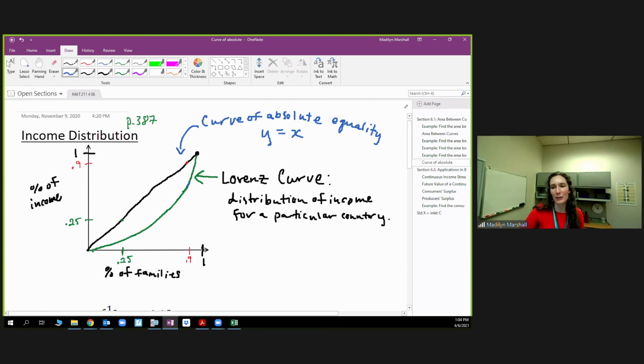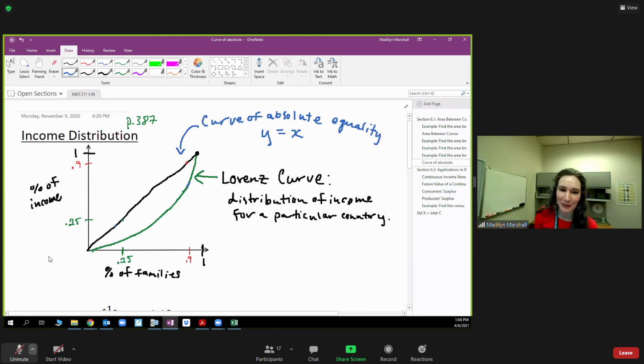And so it'll always be concave up to represent that. I'm going to think about this more and share my conclusions on Thursday. But the practical answer is that you will not see a concave down Lorenz curve.